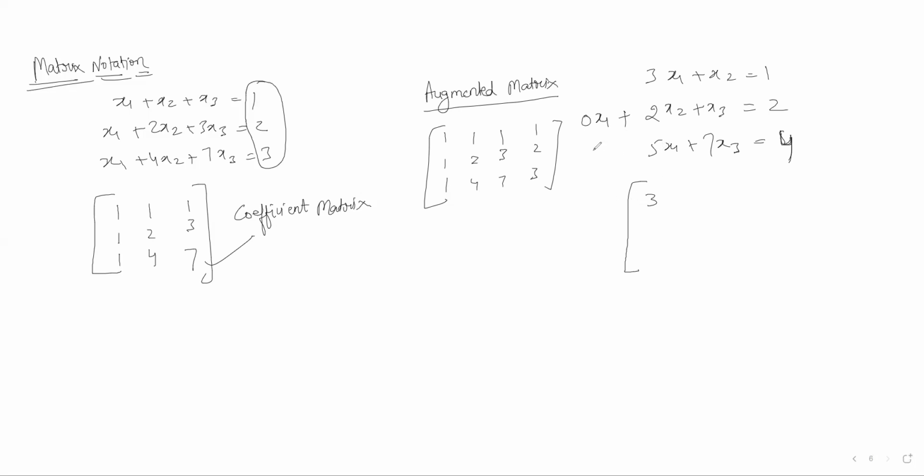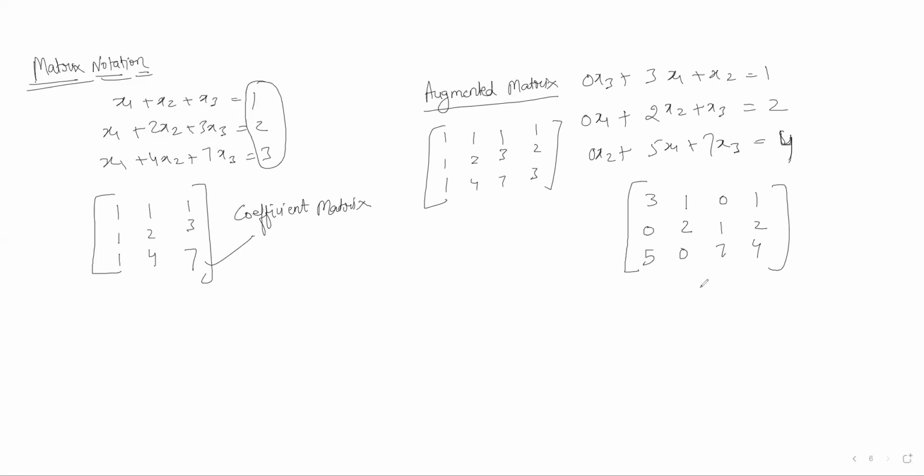If the x2 term is not there, we write 0 x2. Here we can write 0 x3. So here it will become 0, 3, 0, 5, 1, 2, 0, 1, 7, 1, 2, 4. So this is how we write the augmented matrix here.